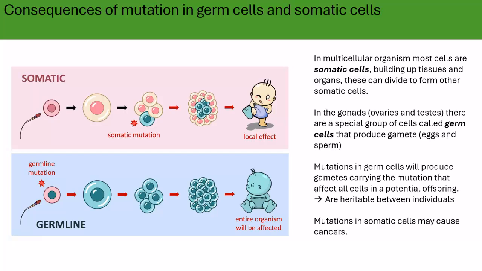So those are the heritable changes. Mutations that happen in somatic cells have local effects, and cancers are often a result of mutations in somatic cells. So that's what we should know about these consequences.